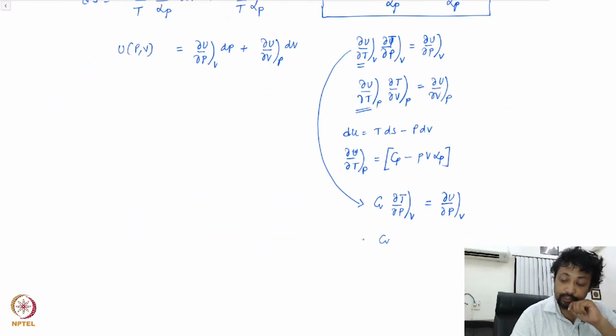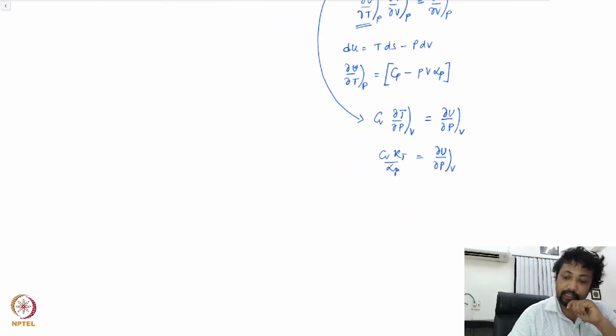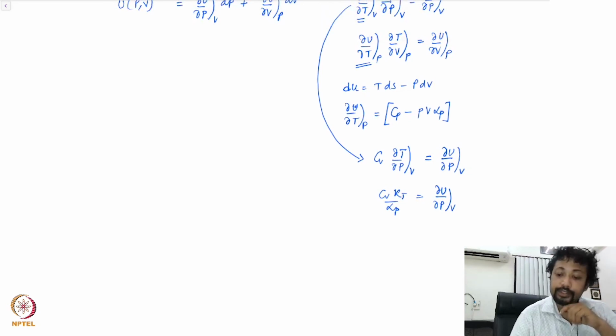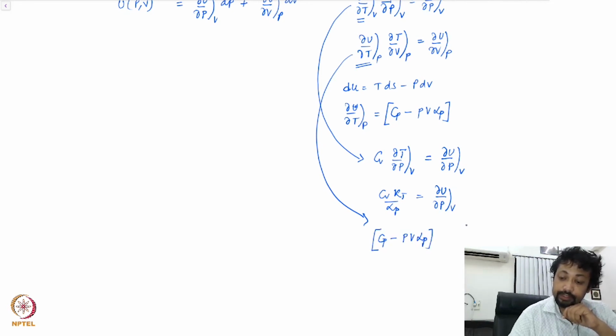So Cv kappa T over alpha P is ∂U/∂P at constant volume, and this relation now becomes ∂U/∂T at constant pressure is Cp minus PV alpha P times, there has to be a volume here, so volume ∂V/∂T at constant pressure.